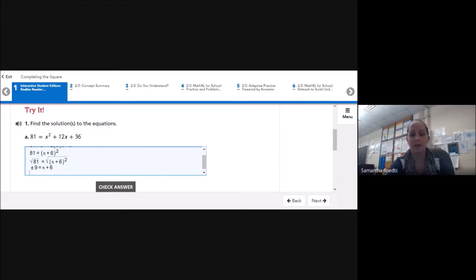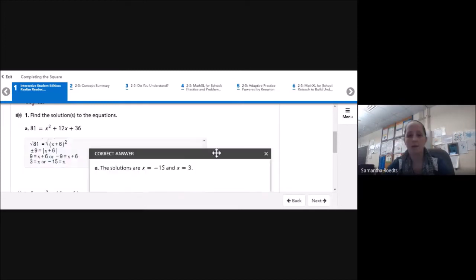So that means 9 equals x plus 6, or negative 9 equals x plus 6. When I solve these equations, I subtract 6 from both sides, so that's 3 equals x, or negative 9 minus 6 is negative 15 equals x. So negative 15 or 3.